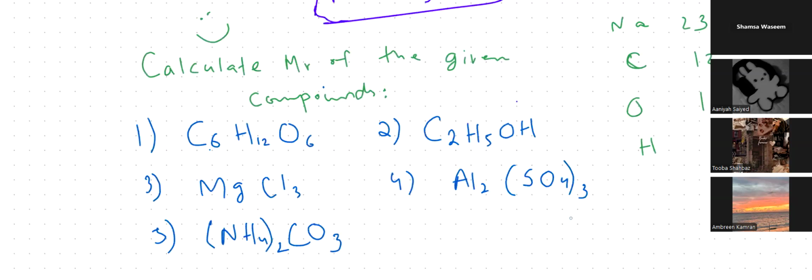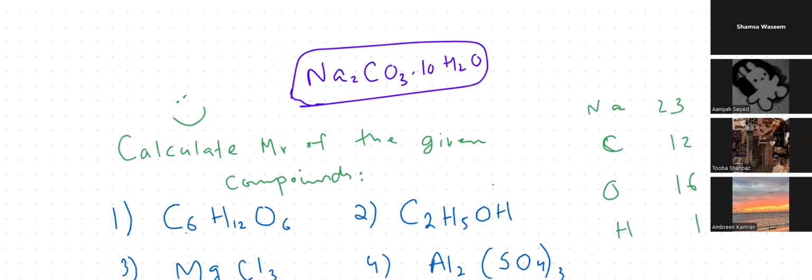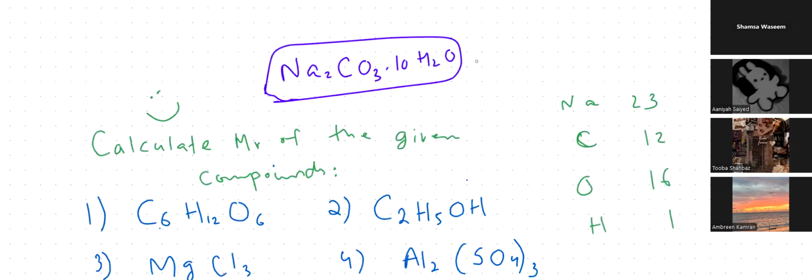How are you going to solve aluminum sulfate? Do let me know, girls. Have you all got 286 for sodium carbonate? Yes. Right. Let's solve aluminum sulfate first, and then you can note down the rest and I'll end the class.